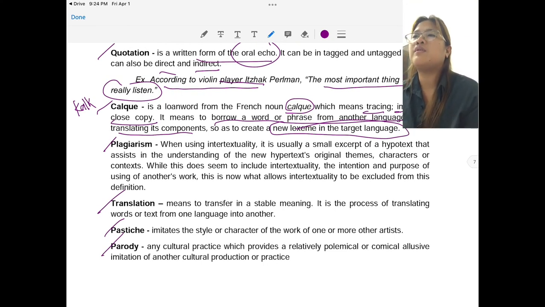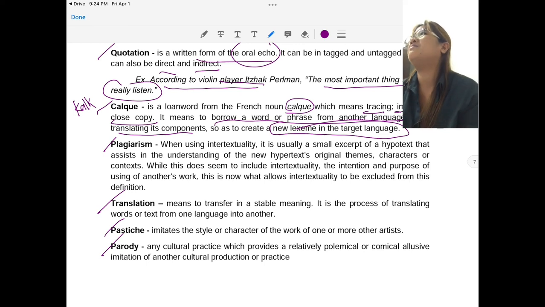So let me give you more examples, okay? Again, it's calque. You're loaning words from another language. So look at how beautiful language and literature actually is, I mean, because it's very interconnected.